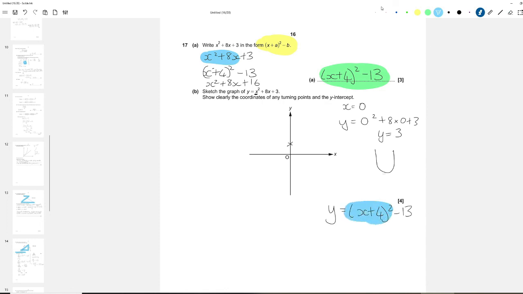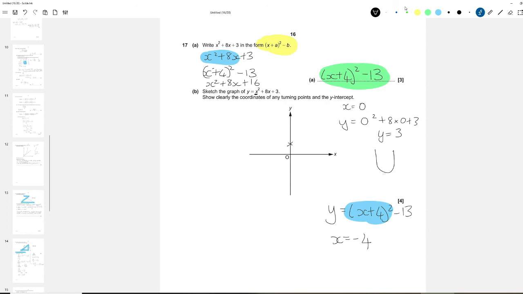What's the smallest value something squared could be? The smallest value something squared could be is 0. So we have to look at when x plus 4 equals 0, what would x be? Well, x would be minus 4.